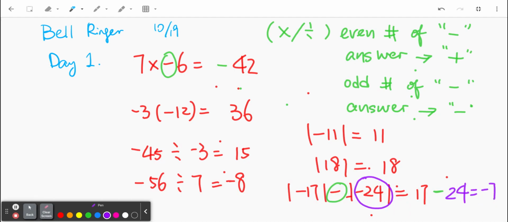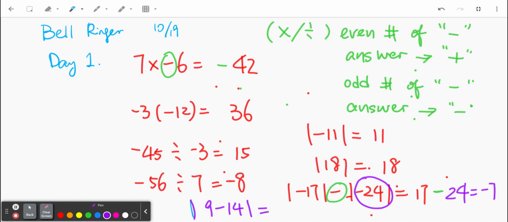Okay, the last question in day 1, 9 minus 14, absolute sign. So, what do we do first? Well, we don't have the absolute sign within each number.